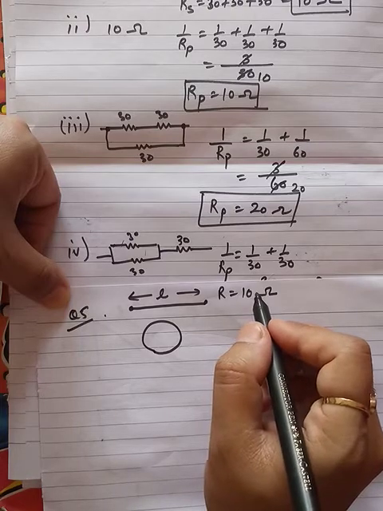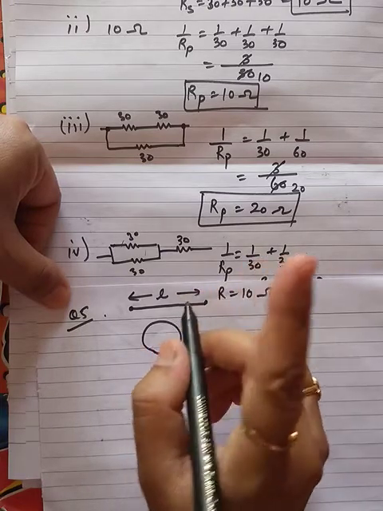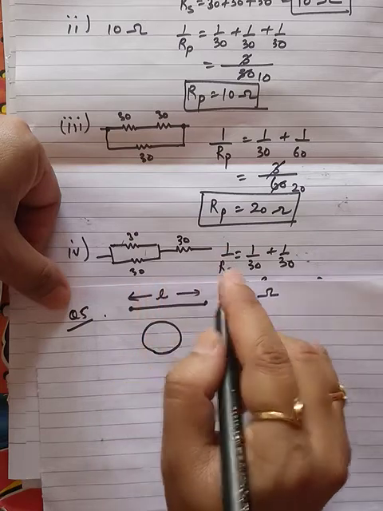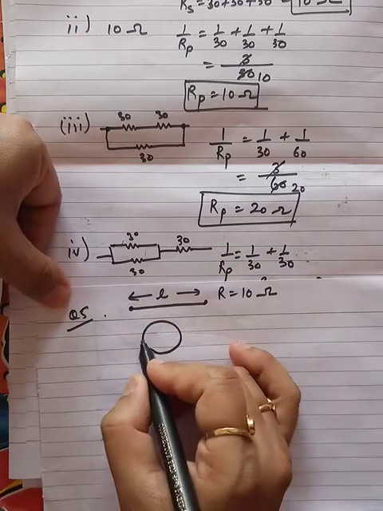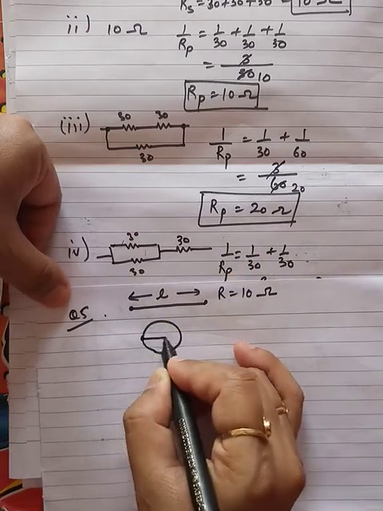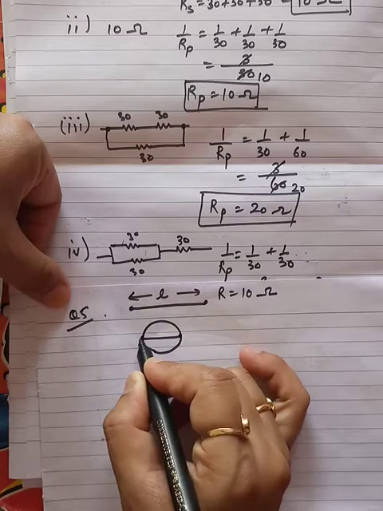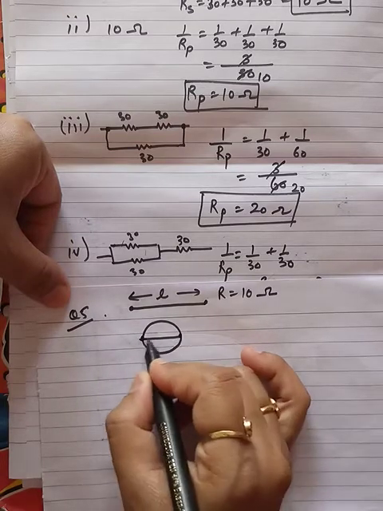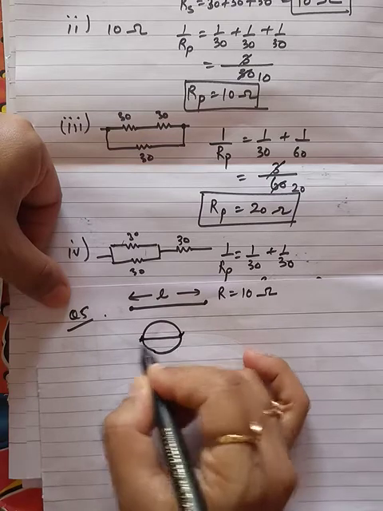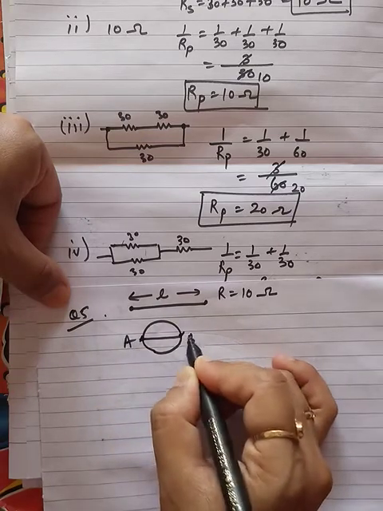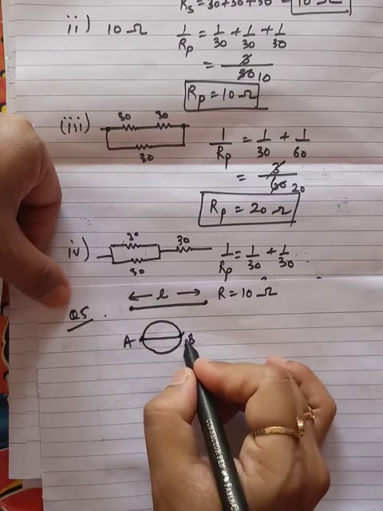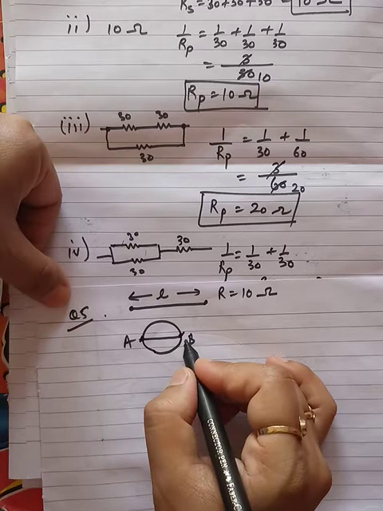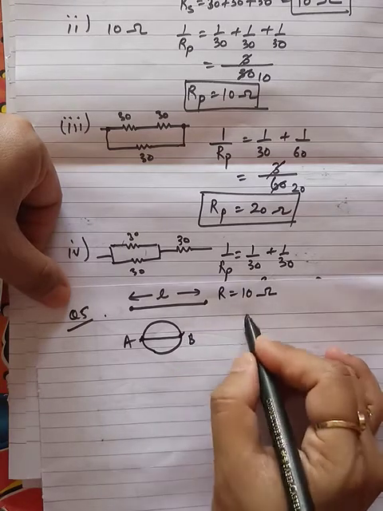So what is to be found in this case? Find the resistance between diametrically opposite points. Diametrically means the diameter is this one, suppose, and the opposite points are these, suppose points A and B. We have to find the equivalent resistance.